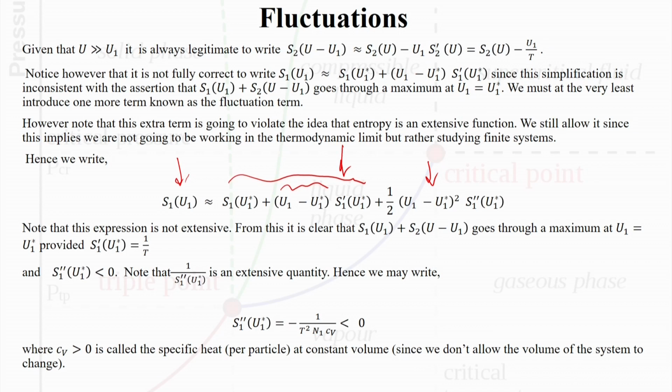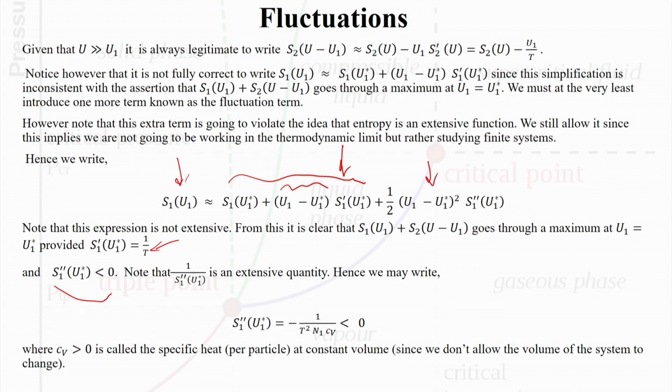If I have small deviations from extensivity, I have to go one step further, and I end up with this next term here. Recall that the slope continues to be the reciprocal of temperature. So, in order for S1 to reach a maximum, it is imperative that the second derivative be negative.